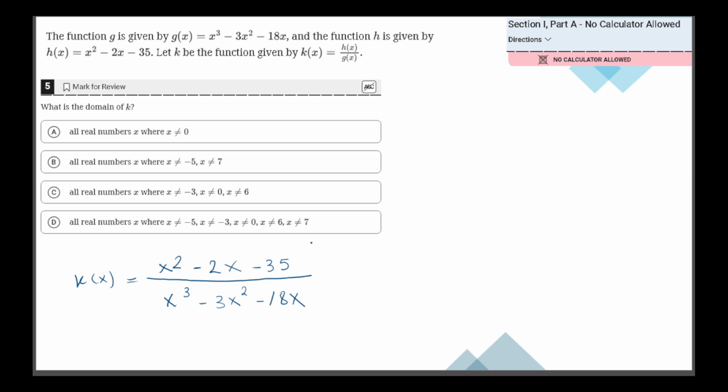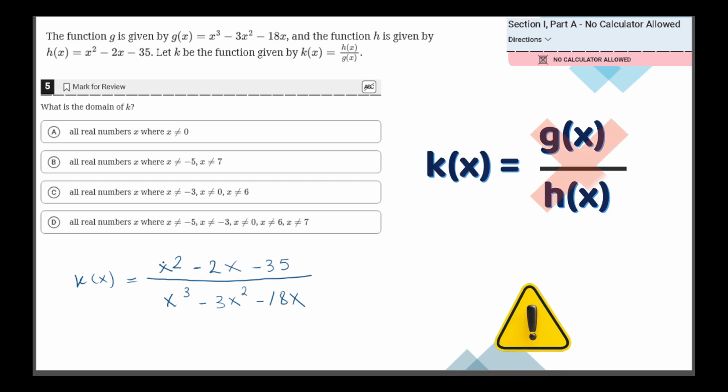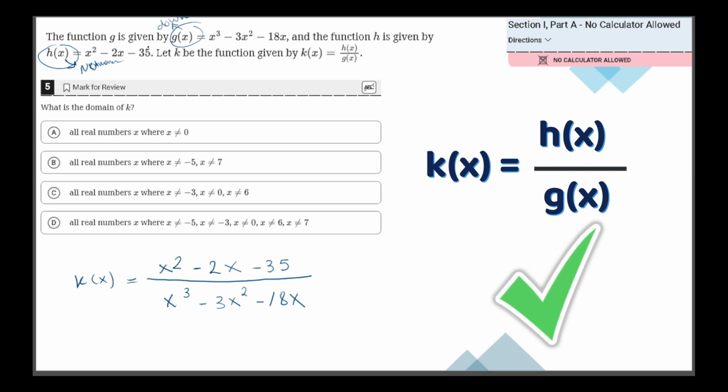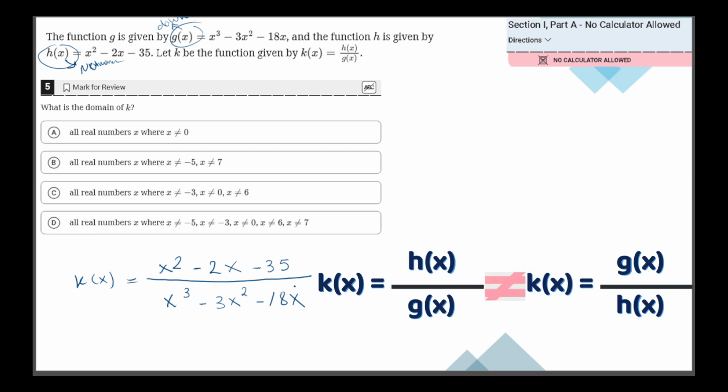We have to be careful. Some students will write g of x up because it's listed first, and h of x down because it's listed second. But if you look at k of x equals h of x over g of x, h of x is the numerator, up, and g of x is the down, which is the denominator, okay? Because the solution will be different.